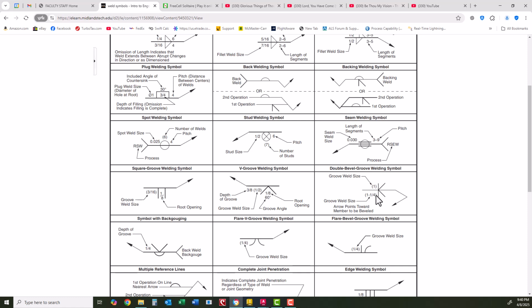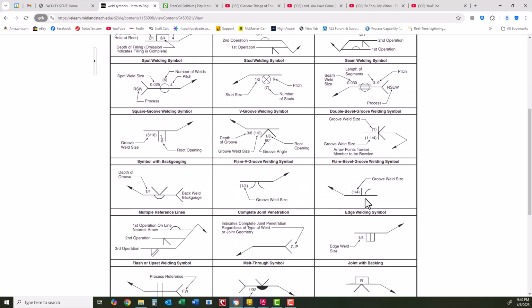The other one is where you've got a square edge and an angled edge, and this is a bevel weld. So you've got a bevel and a square. Those are the types of welds that we're going to be dealing with, and then you're going to have a flare bevel. This is very common where you have a square plate or a square tube. In the case of square tubes, they've got rounded corners.